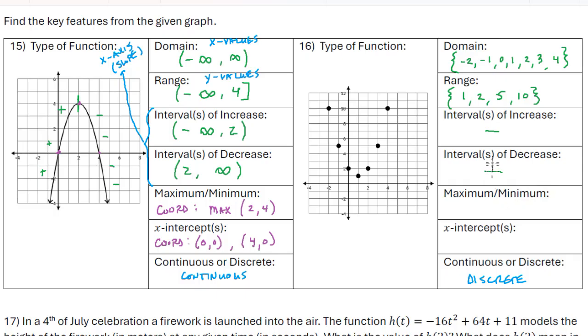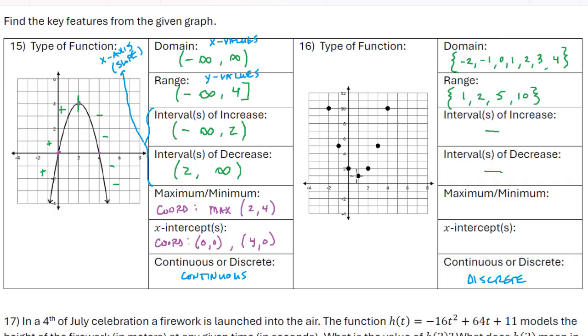How about our maximum or minimum point? Oh, I wanted to actually write this on the previous one. The maximum or minimum point is, well, actually, you know what? I don't need to describe that. Let's take a look at this maximum or minimum point. We do have maximum points. So this is kind of weird as well. How do you actually write this?